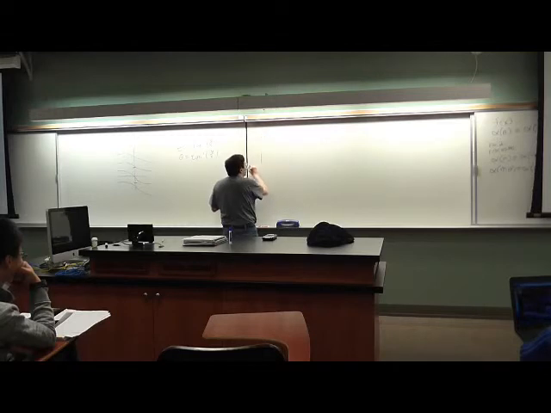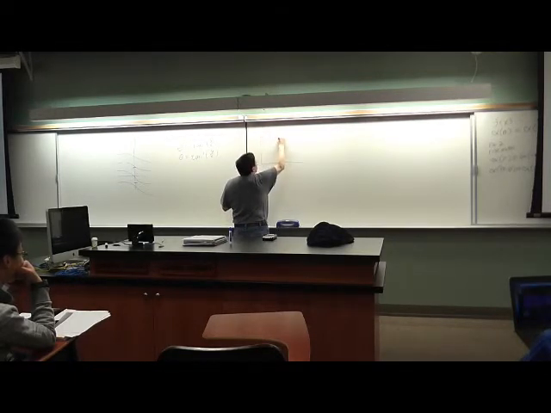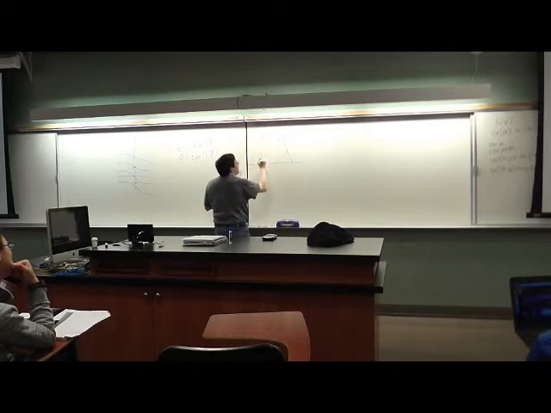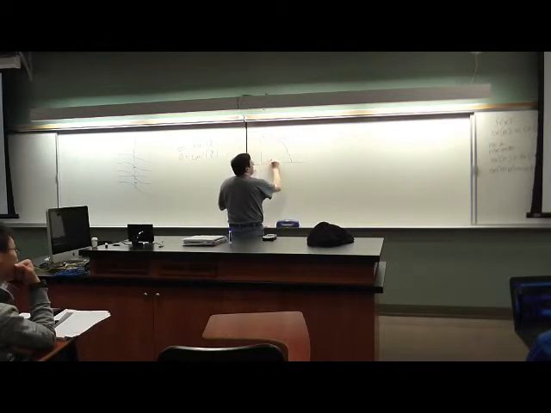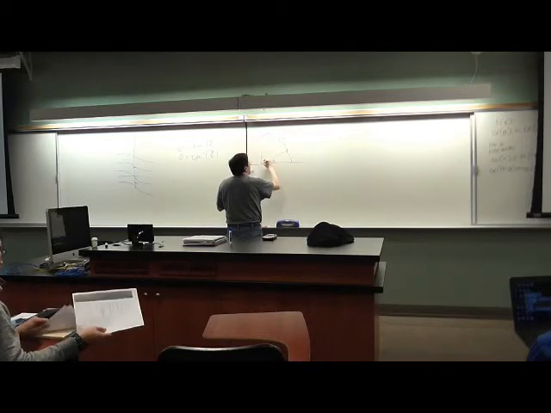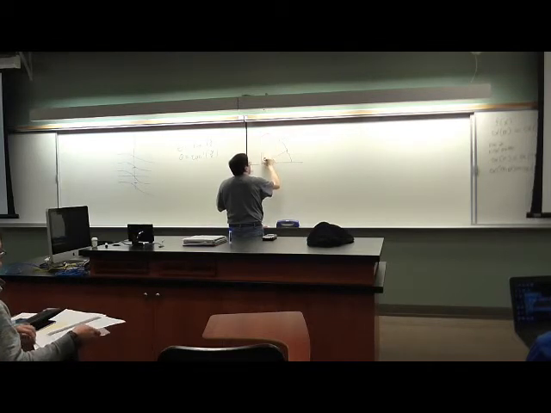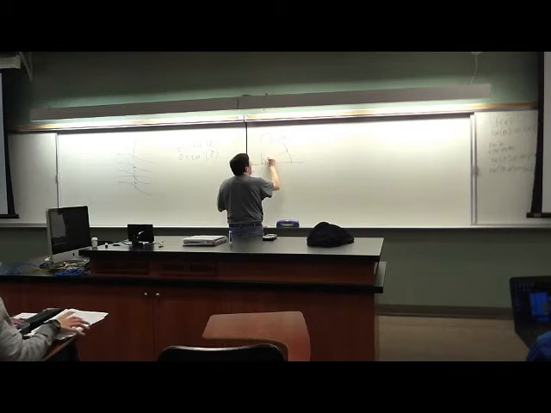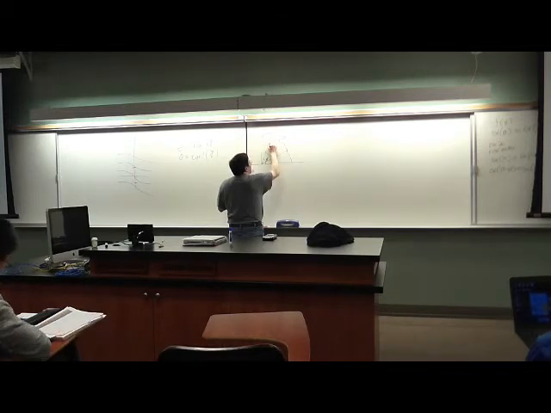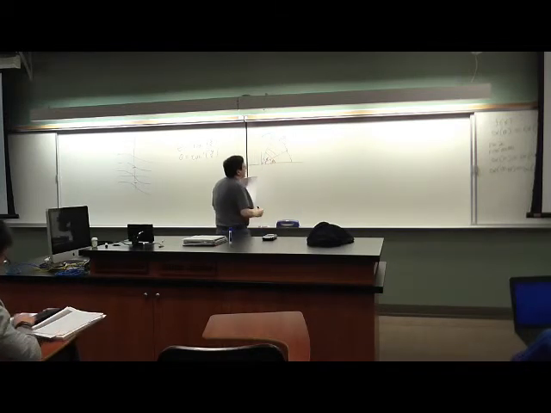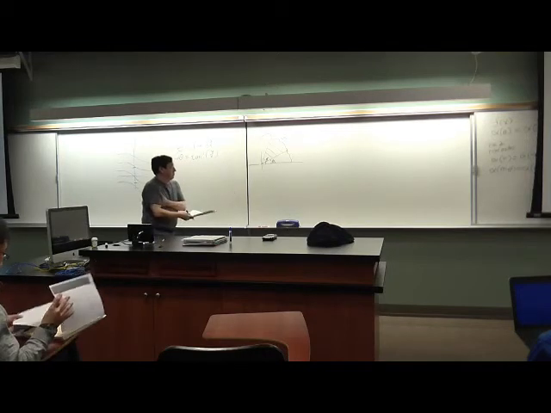So suppose you have some polar function, alpha of theta, and suppose between theta 1 and theta 2 you have some area, and you'd like to calculate what that is.